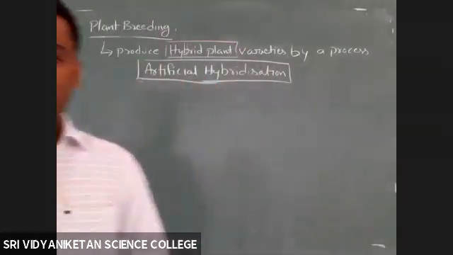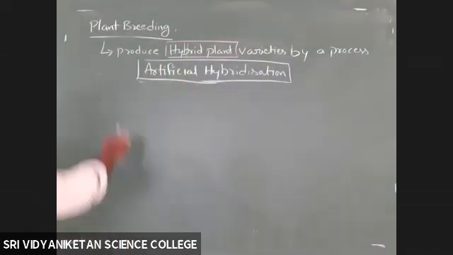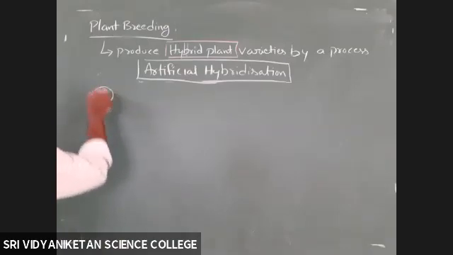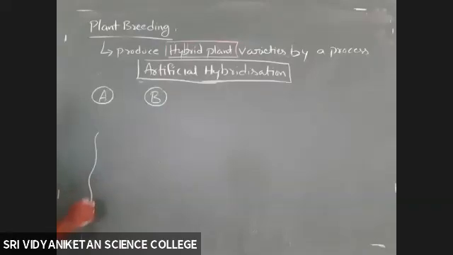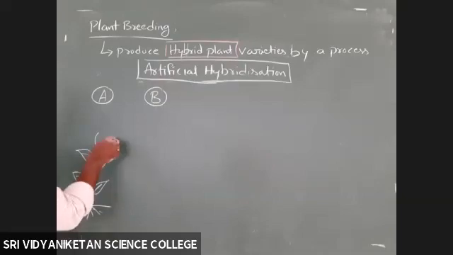For example, the hybrid plant is developed by taking two plants, plant A and plant B. Just imagine this is plant A. It has the nature to give more yield.